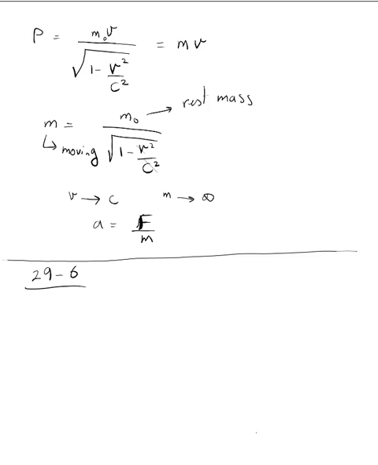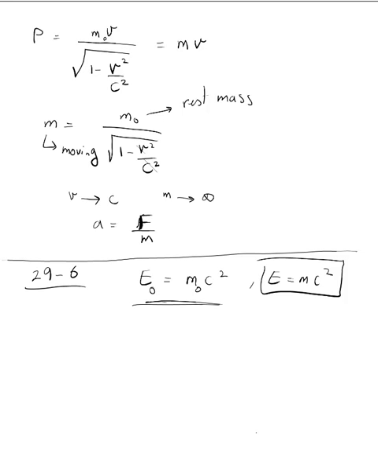Also, as I told you earlier, we can find the rest energy according to this equation, and then E equals mc squared for the objects that are moving fast. This one is the rest energy.